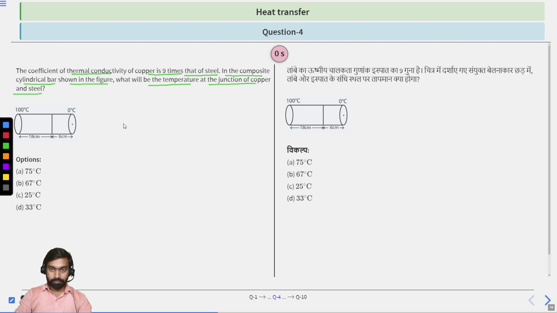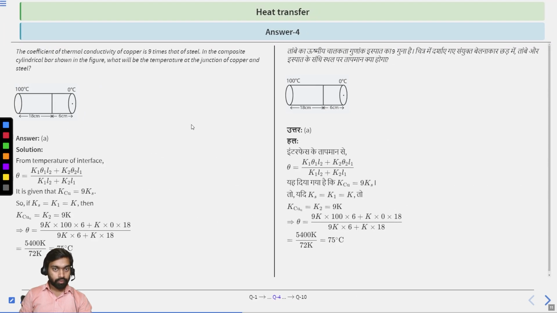Let's find a solution. This is the cylindrical bar. The temperature of the interface is theta equal to (K1 theta1 L2 plus K2 theta2 L1) divided by (K1 L2 plus K2 L1).